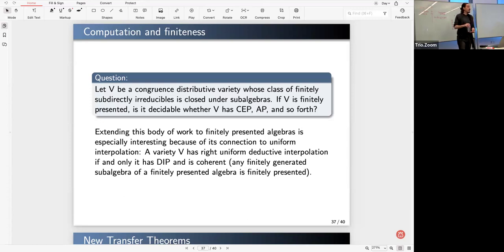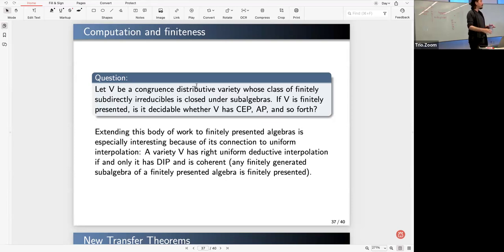Actually, finitely presented is what I'm much more interested in than just a finitely generated variety, because this has a deep connection to uniform interpolation, which I can't go into here. I should mention, by the way, that this property of congruence distributivity, I can't test this. It's undecidable whether a finitely generated variety is congruence distributive. So I must assume it in the background.